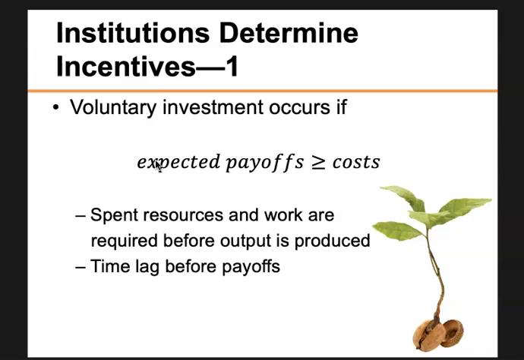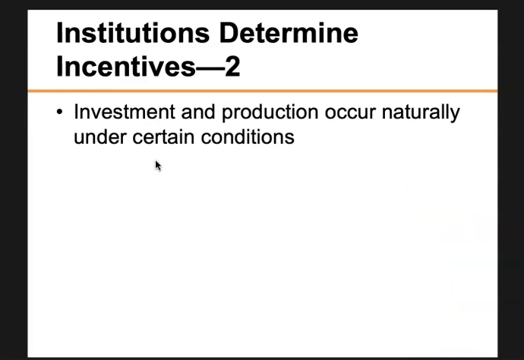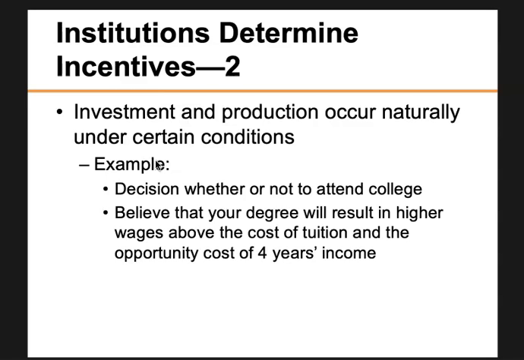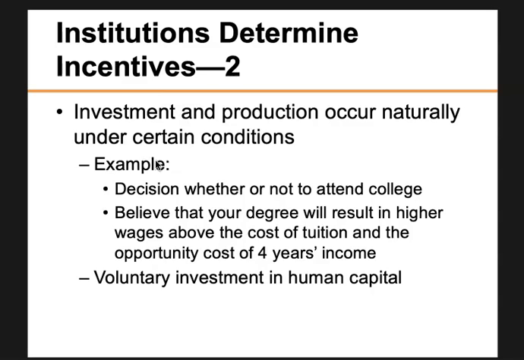Given the delay and the resources required, firms need to believe that the sacrifice, the patience, and the effort will offer a real payoff in the future. So institutions help determine the incentive, because investment and production then occur naturally under these conditions. For example, the decision whether or not to attend college, just like what you are doing now. You believe that your degree will result in higher wages above the cost of tuition and the opportunity cost of four years' income, right? This is voluntary investment in human capital.